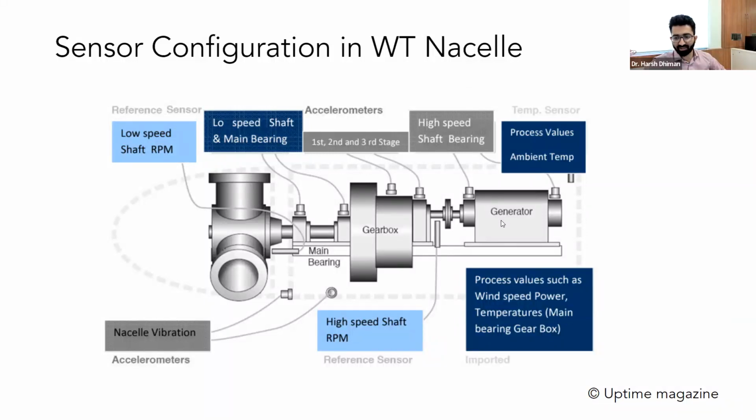It can impact your faults. Then you have parameters like power generated. If there is a lot of variation in wind power generated, it could show whether an anomaly is present or not. Then temperatures, in particular, we are measuring the gearbox bearing temperature and the temperature of the main bearing.